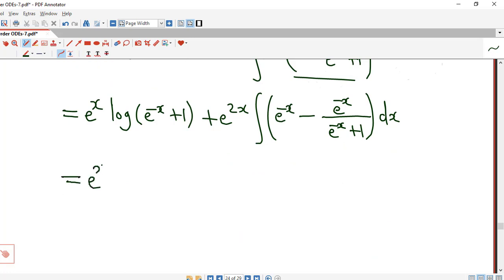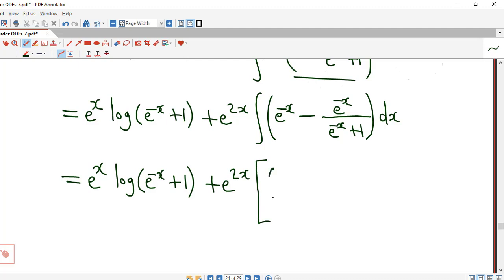So this is as it is, e raised to x logarithm of e raised to minus x plus 1 plus e raised to 2x, and we consider one more step, we rewrite this as integral of e raised to minus x, and we consider the negative sign inside the integral.